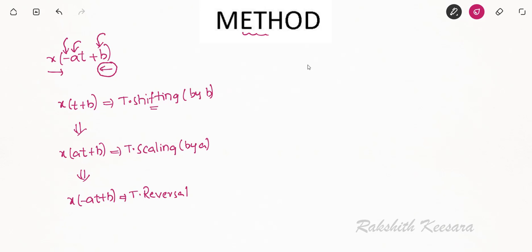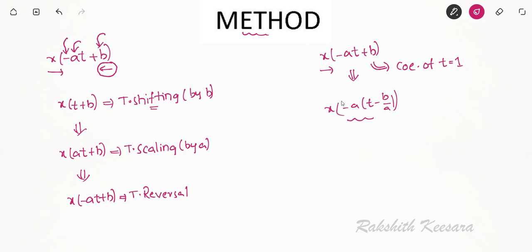Next, let us understand the second method, that is from left to right. But to perform this method, always remember the coefficient of t should be 1. So here what I should do is take minus a as common: minus a into t minus b by a. In this, first I should perform reversal. If we are going from left to right, the first operation that will appear to us is time reversal.